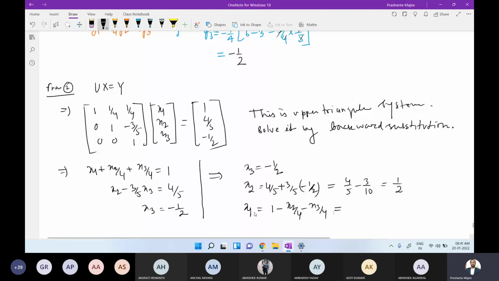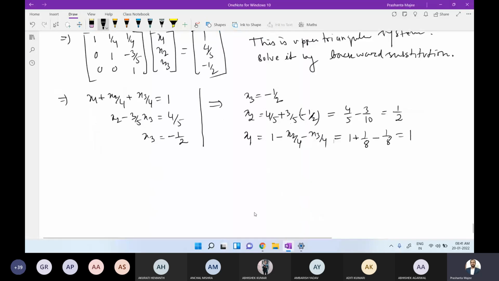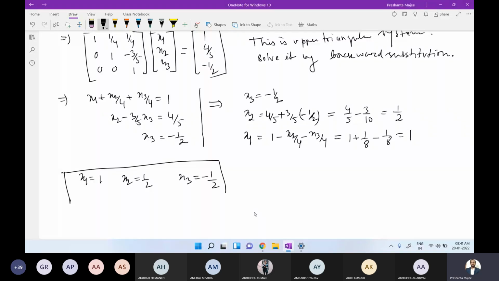So that will be 1 minus 1 by 8 plus 1 by 8. So that is 1. So what is the solution of the given system? x1 equals to 1, x2 equals to half, x3 equals to minus half. So this is the solution of the given system of equations, and we have obtained it by the LU decomposition method.